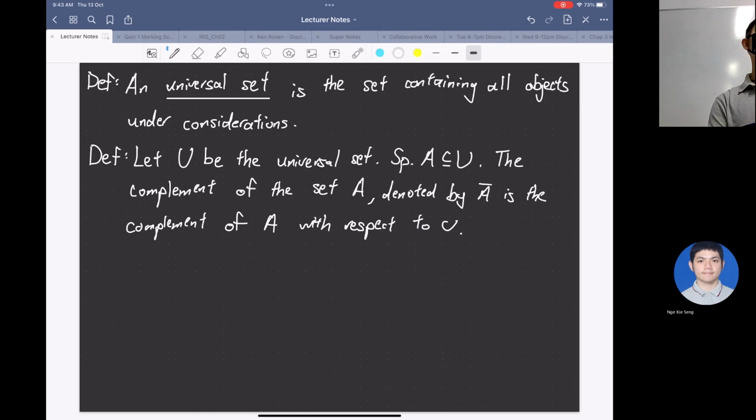Because sometimes set A is very hard to understand. Instead of understanding set A, we can understand the complement of set A. So understand the space outside set A. So for example, the research I'm working on is something called knots. So that's like the knot. Okay.